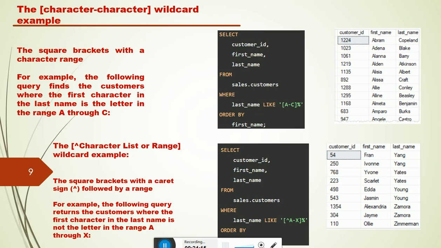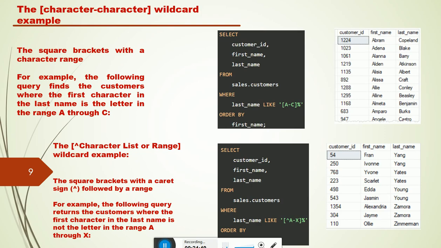See the output, all the records whose last name's first character is Y and Z, because it's not in the range A through X. I hope it is clear to everyone.